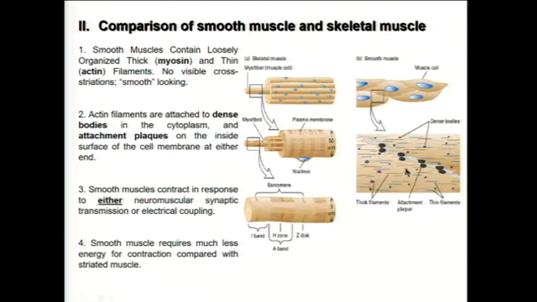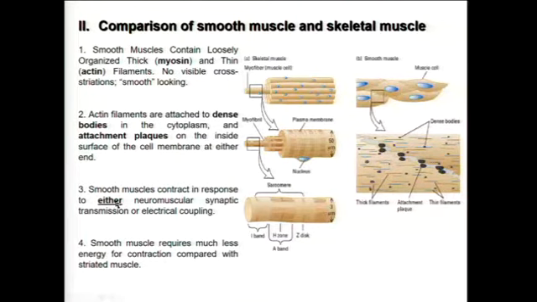The other end of the actin is attached to a structure called an attachment plaque. The attachment plaques are found directly on the inside of the plasma membrane. So one side of the strand is attached to a structure in the cytoplasm, and the other side is attached to the membrane, to another structure called an attachment plaque. That allows the smooth muscle to contract. And when we go into the actual mechanism, you'll see how that works.